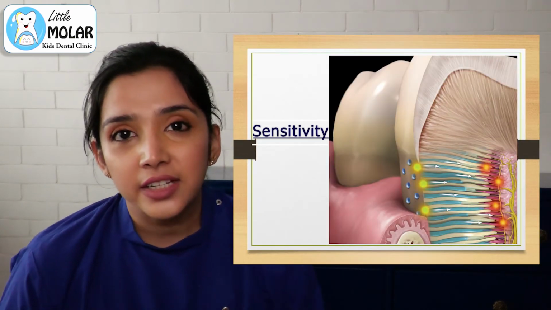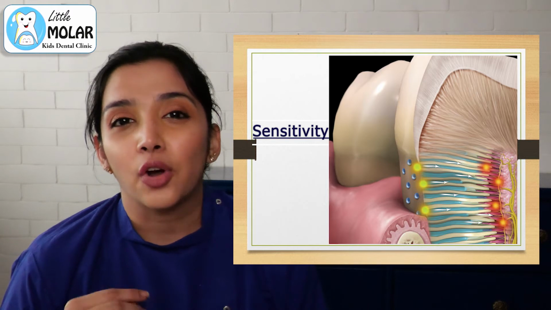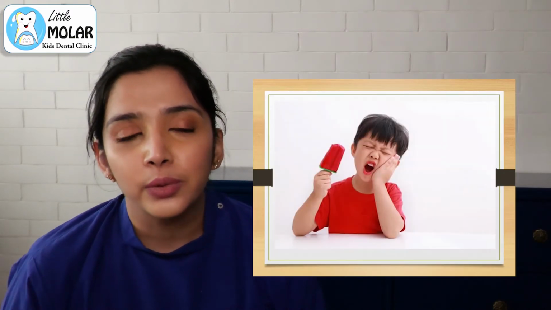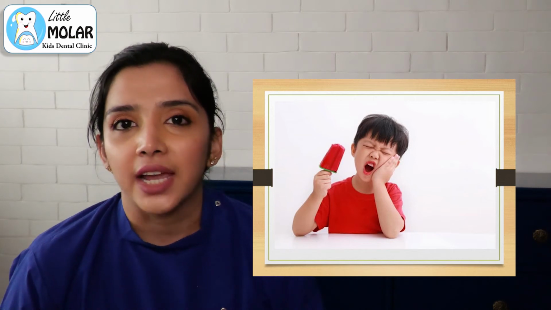The second problem is when the enamel covering the dentine is destroyed, the dentinal tubules get activated and cause sensitivity. So even mildly warm or cold food can cause instant pain to your child, and the child refuses to eat those foods. He refuses to brush the area because it's paining, and this refusal to brush causes more decay and more pain, and a vicious cycle starts.